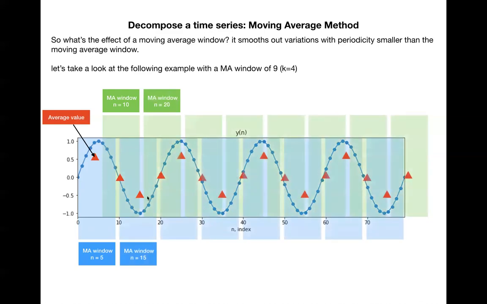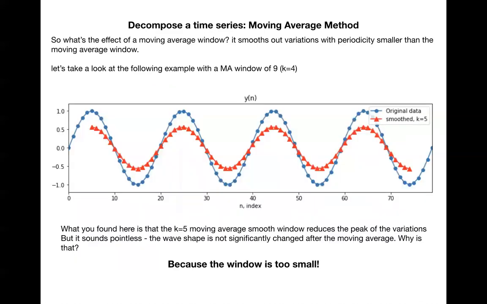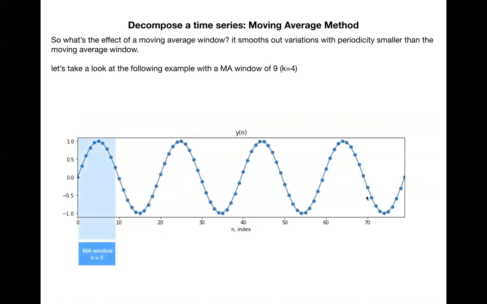When I move my window along this curve everywhere, I get these red triangles. These are the moving averages. Let's take a look at it again. This is the average within this window, and that's the next window.